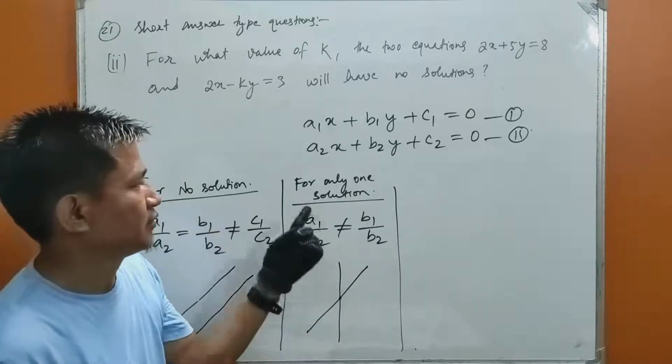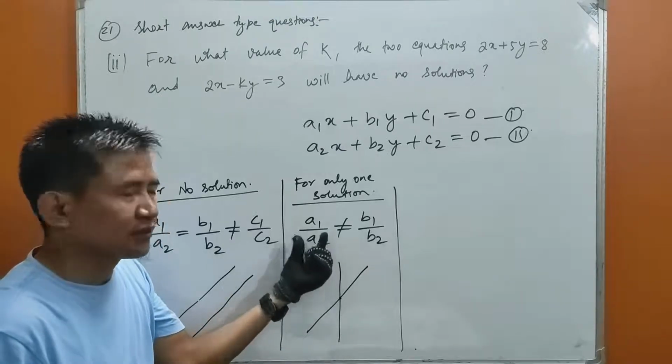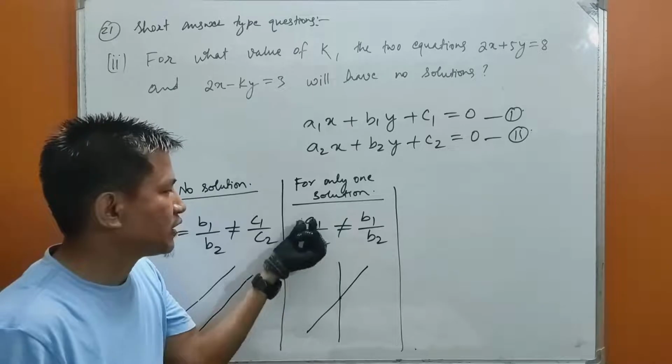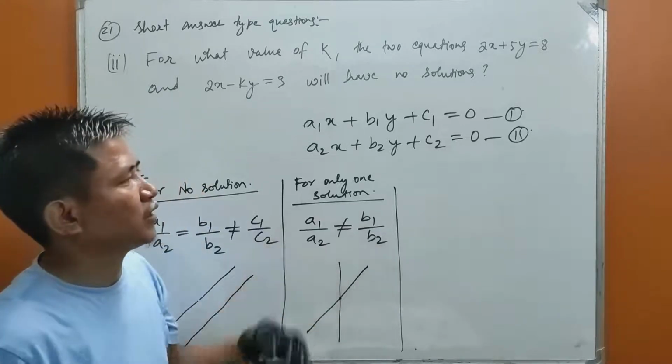When a1 by a2 is not equal to b1 by b2, you will have only one solution.